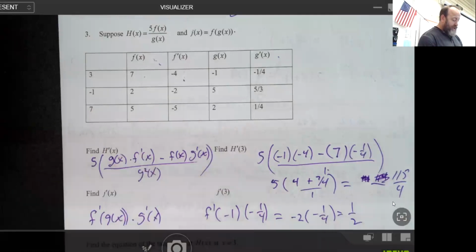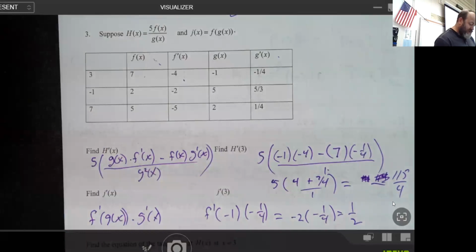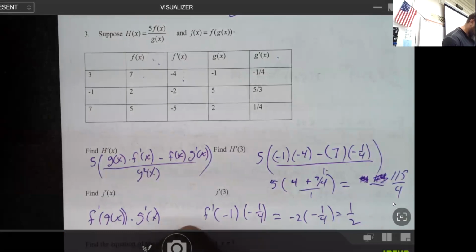So if we're going to find the equation of the tangent to the curve, we first need to find out what is the point. And so if I plugged 3 into h of x, h of 3 is just 5 times f of 3 over g of 3.